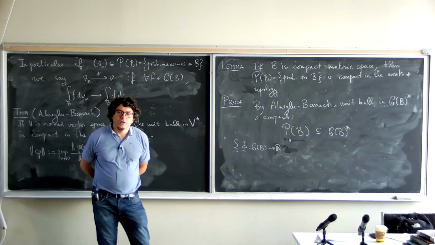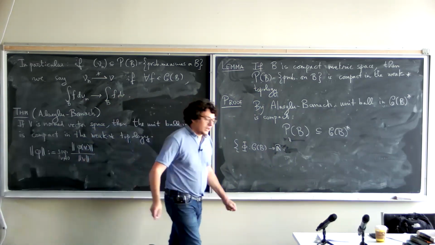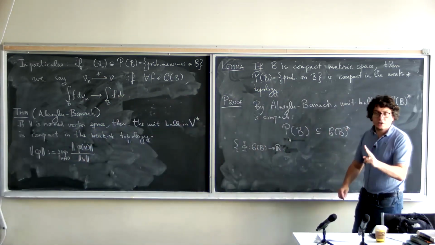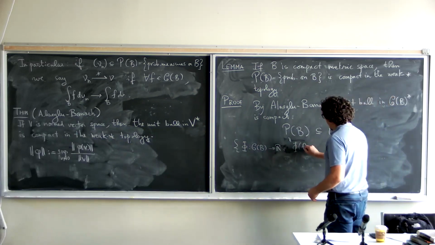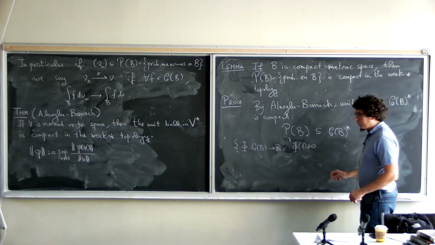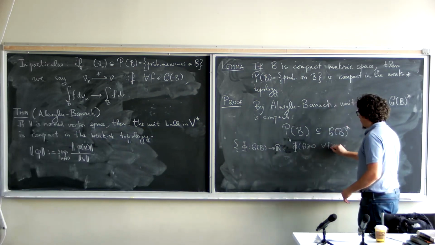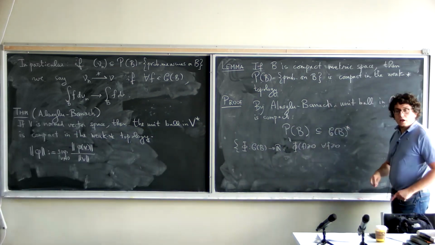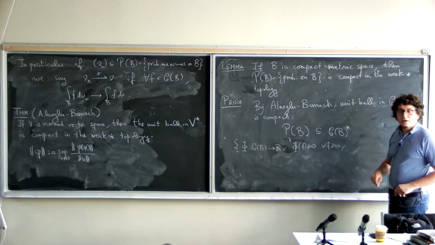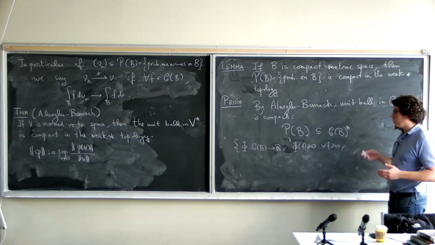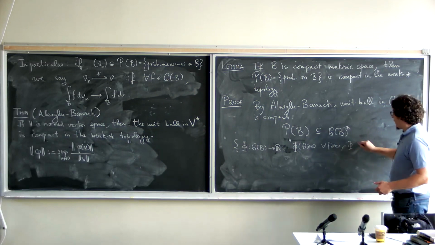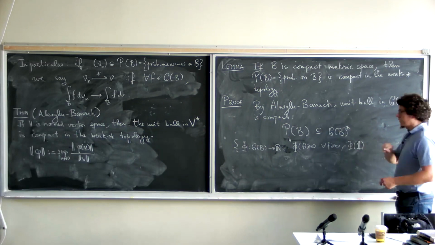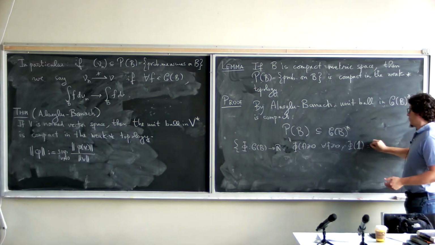That's exactly right. So it has two properties. It's positive: phi of f is positive for every f positive. And the second one is that the total mass is 1. So for instance, if you apply it to the characteristic function, just the one function, this is 1.